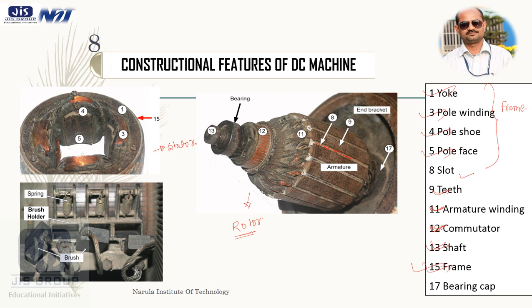So these are the rotors. Okay, so stator and rotor. Okay, and this figure shows the brush holder, spring and brushes in a DC machine.